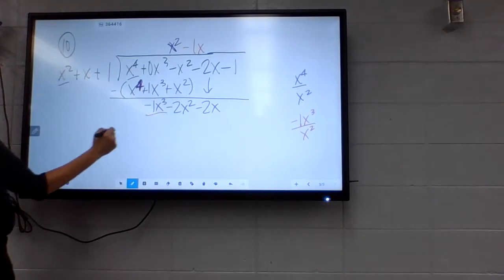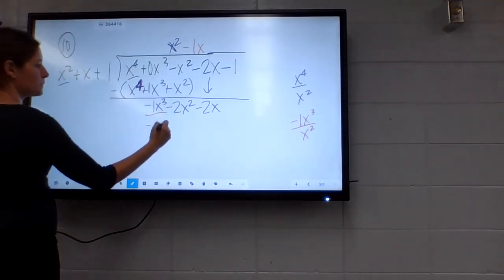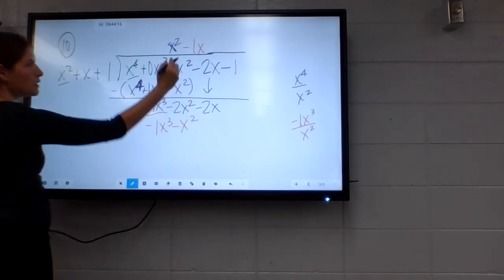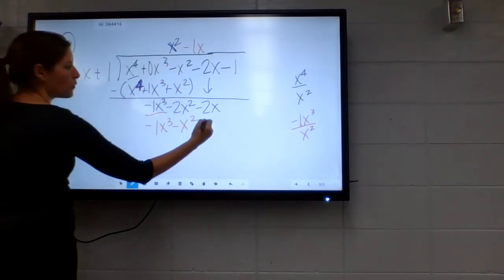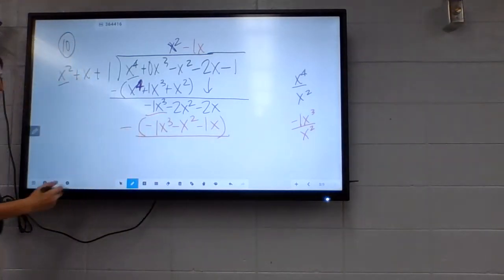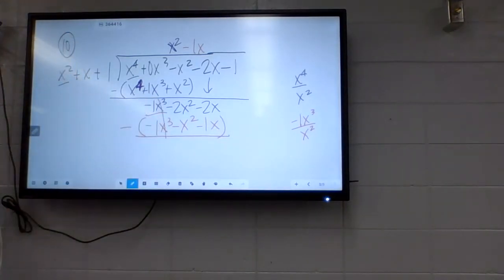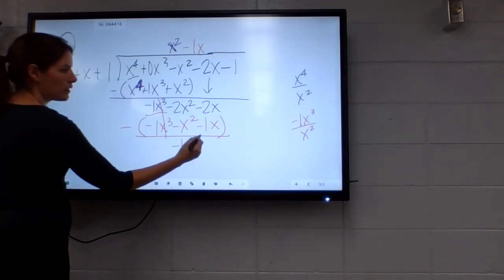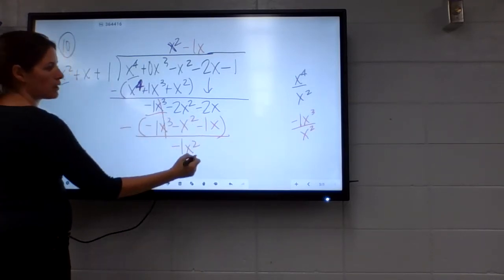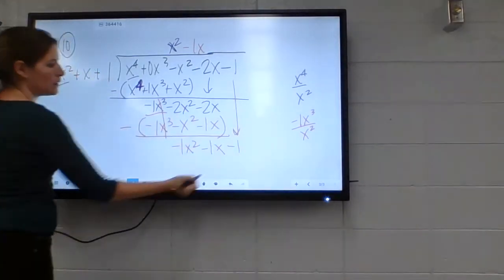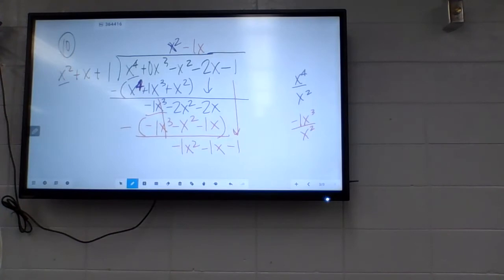Multiply it back. So this is a negative x squared, and then a negative 1x. These guys should cancel there. Negative 2 plus 1 is going to be a negative 1x squared. Negative 2 plus 1 is going to be a negative 1x. And this one hopefully looks pretty obvious.